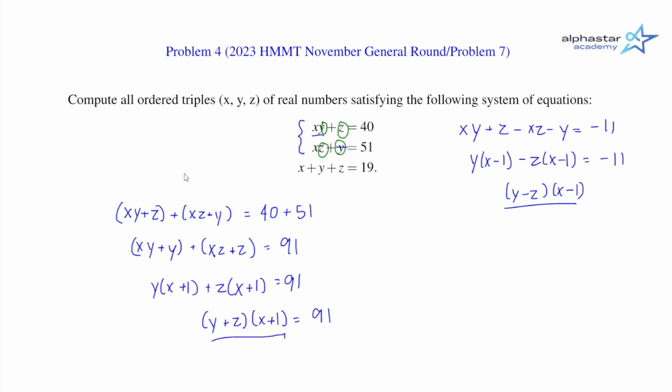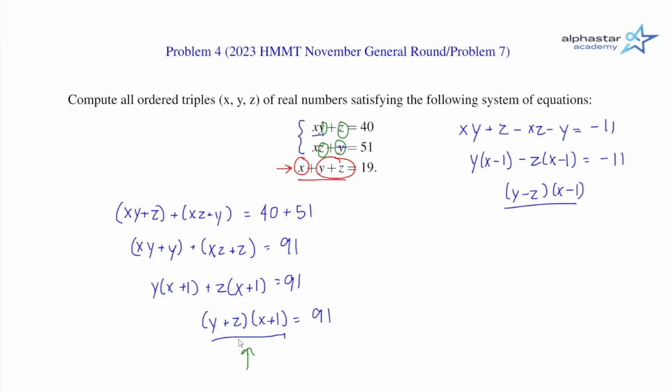I prefer this one because all of the terms have the same sign. x, y, and z all appear positively, and that is relevant because we also have a number for x + y + z, which is 19.